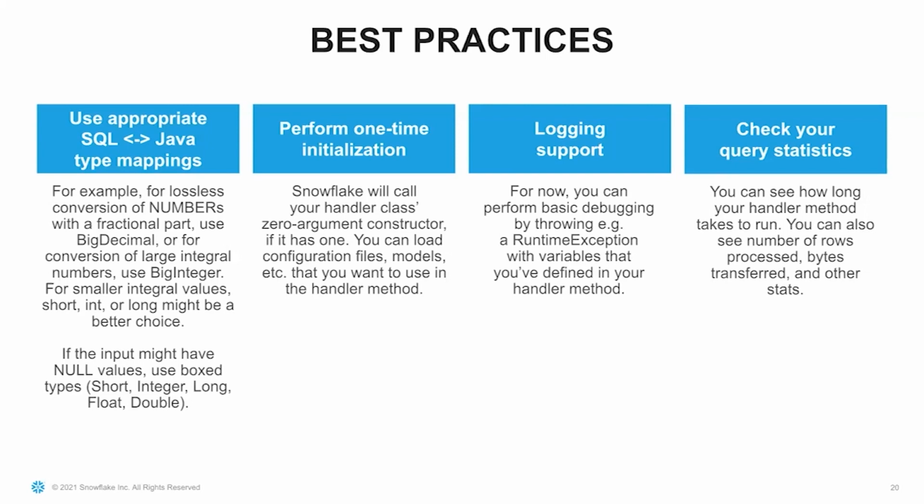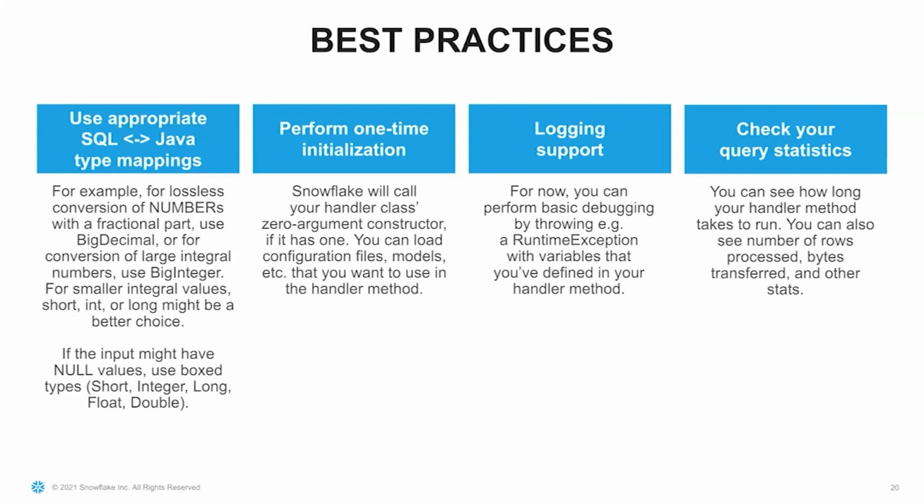That will save a lot of time when people are running the same function for many rows. Logging support: you can do some basic debugging right now with runtime exceptions, and you can get that back into SQL. But we're looking for better ways of doing logging. For now, just do the typical exceptions and try outputting the results.